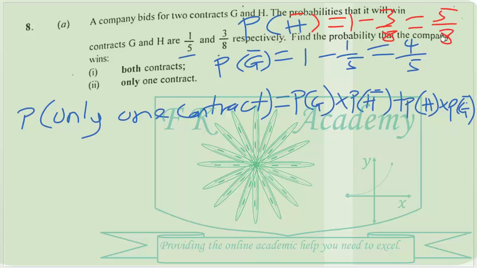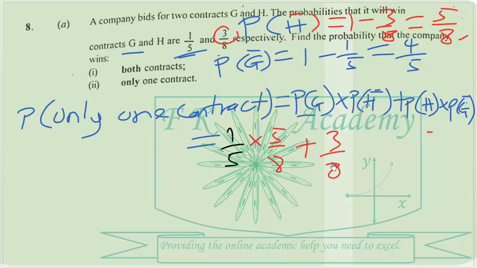So remember, probability of winning contract G is 1 over 5. So that will be equal to 1 over 5 times 5 over 8, what we just calculated here, plus probability of H, which is 3 over 8, times probability of not winning G, which is 4 over 5.